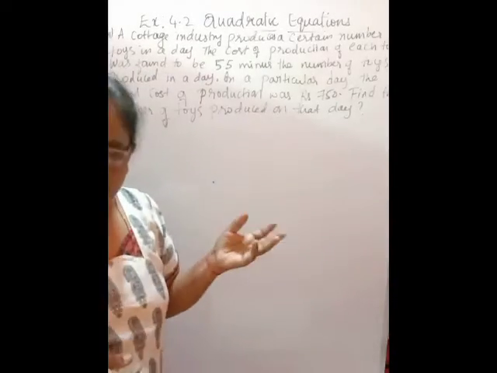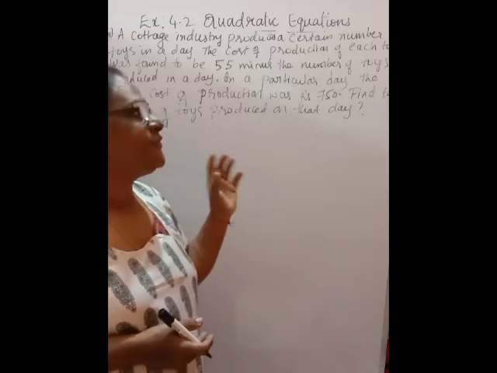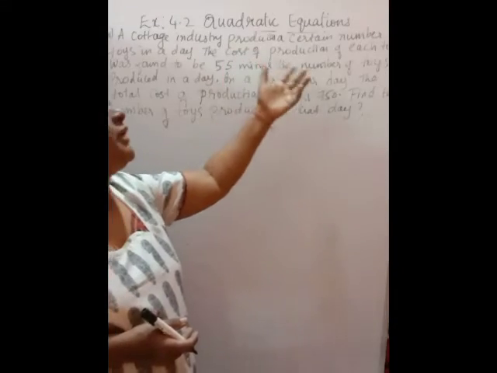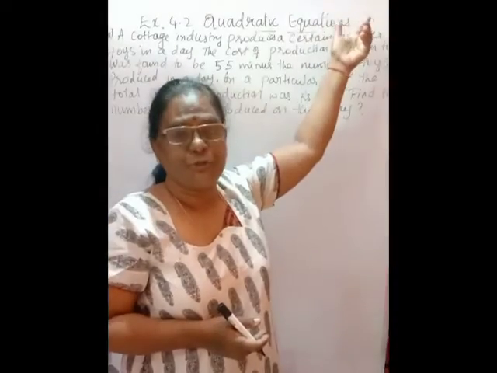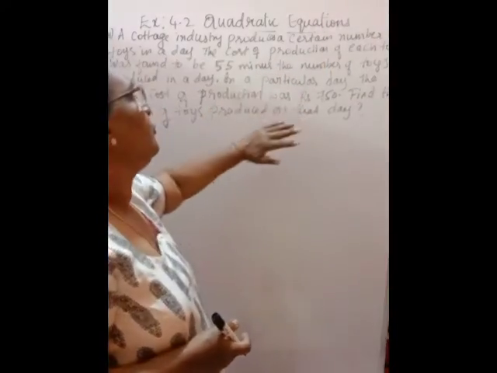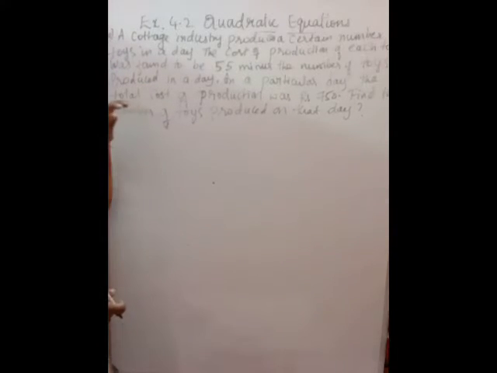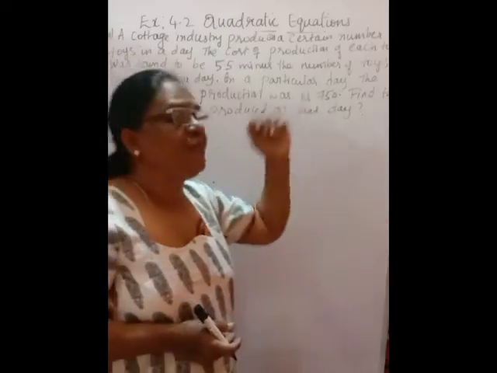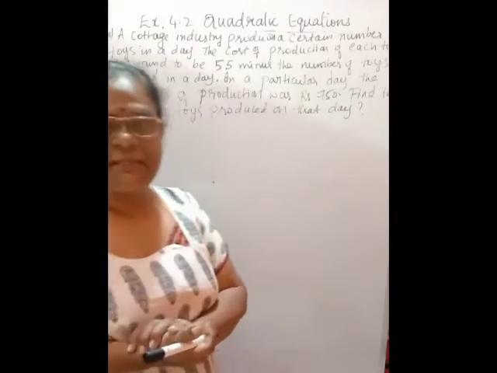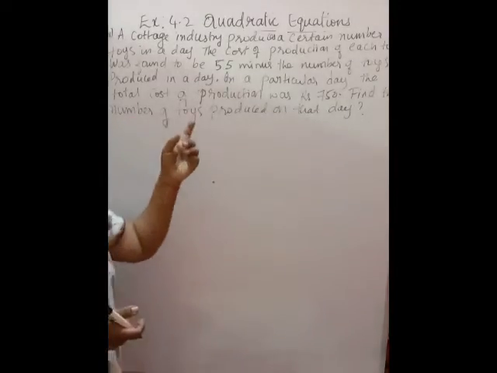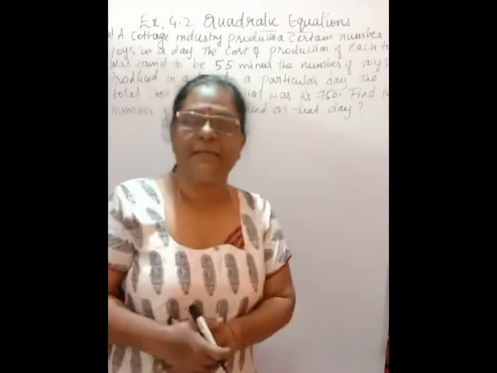The price of each toy is nothing but 55 minus how many toys they have produced in a day. So you have to find, and on a particular day they obtained 750 rupees by selling the toys. So you have to find the number of toys produced on that particular day.